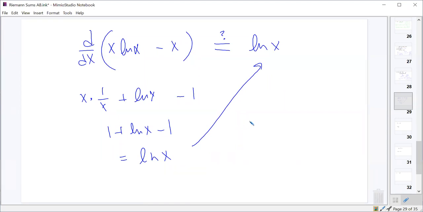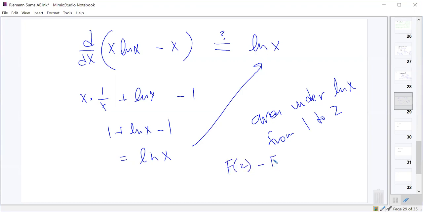If I wanted to find the area underneath natural log of x from, let's say, 1 to 2, I would find capital F of 2 and capital F of 1, where capital F was this function x natural log x minus x.